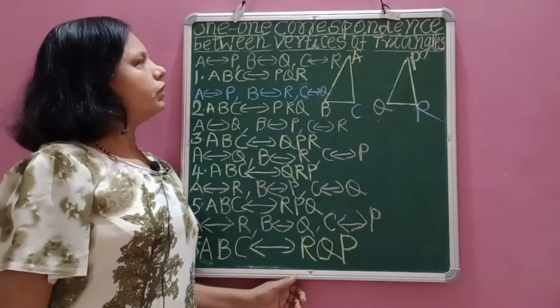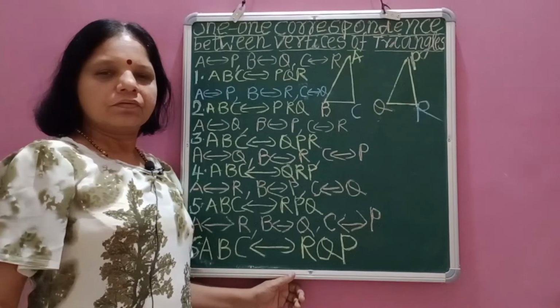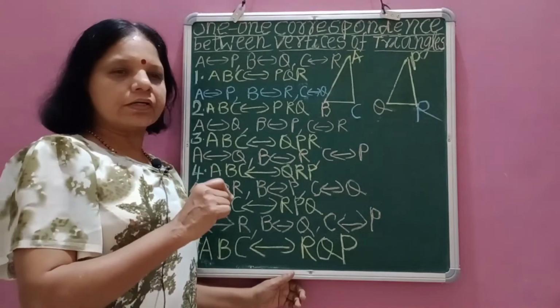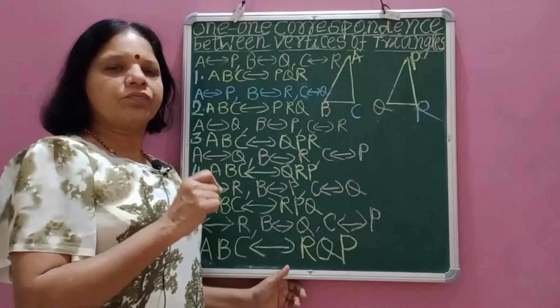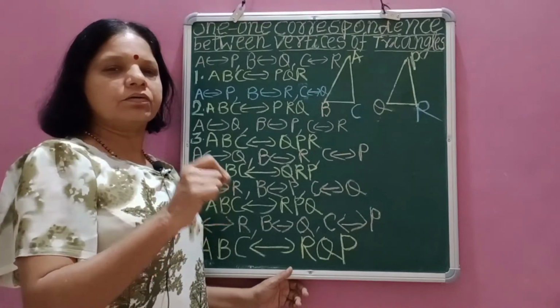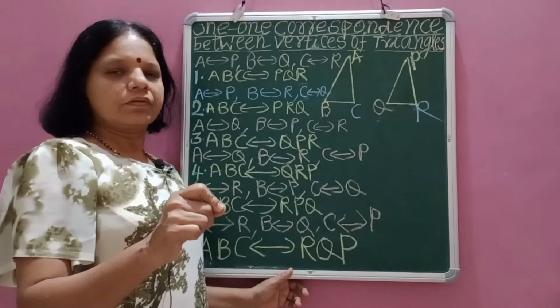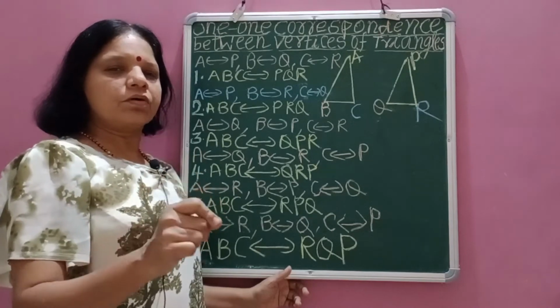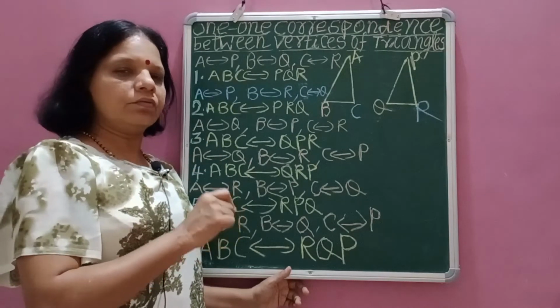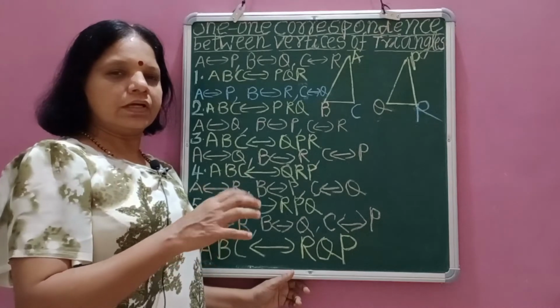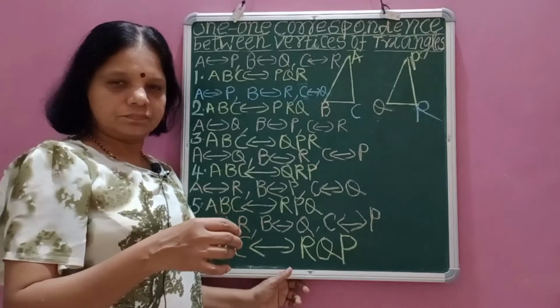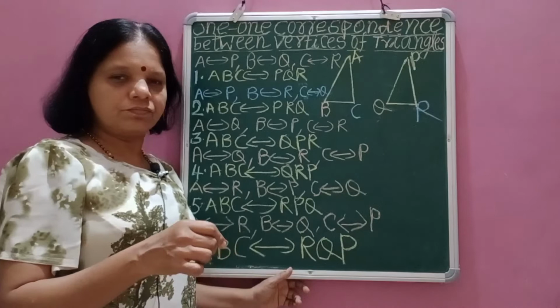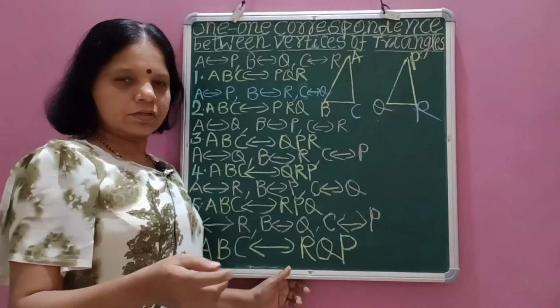Why is it called one-one? When a vertex A of triangle ABC is related to P, then P is also related to A only, no other. That is the meaning of one-one correspondence.